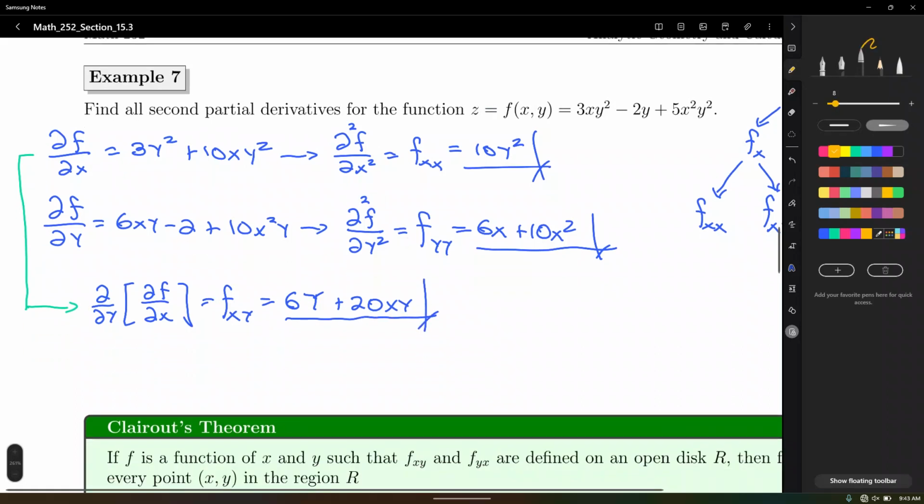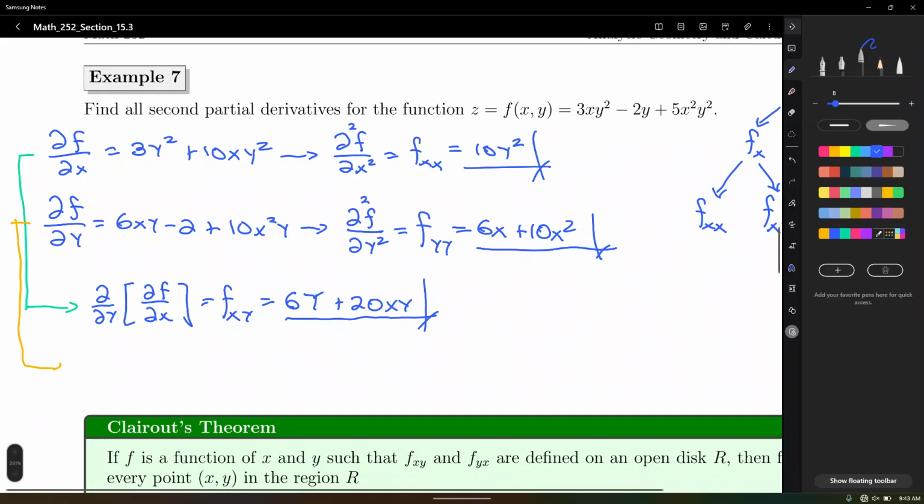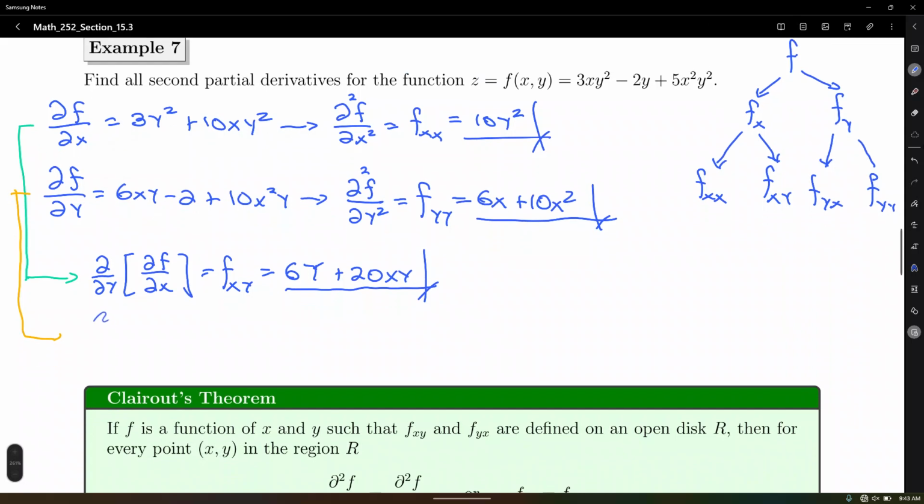And lastly, I'm going to go fyx. That is what I already differentiated with respect to y. Now I'm going to differentiate it with respect to x, in the opposite order.